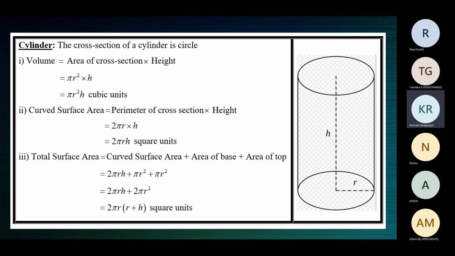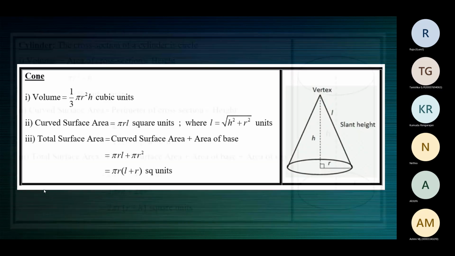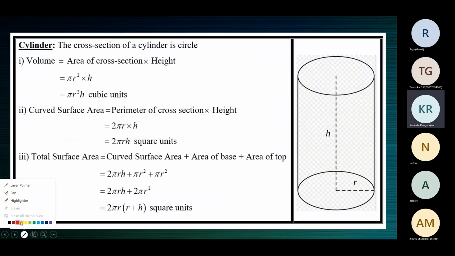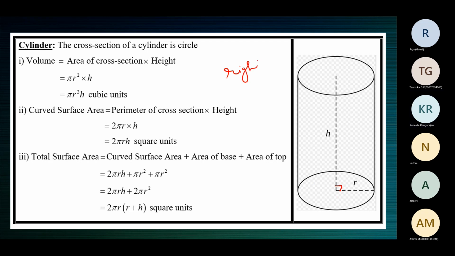And the cylinder is called a right circular cylinder. Right, as in right angle, because the radius and height are perpendicular to each other.